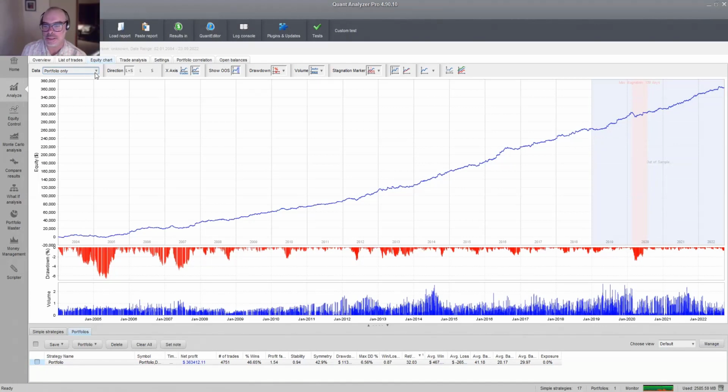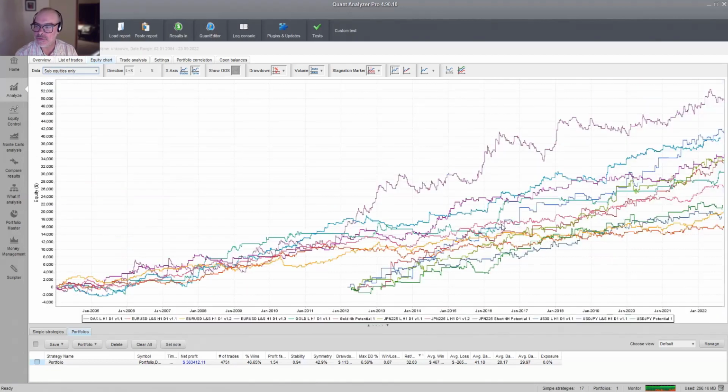Yeah, okay. So we're looking at this line here, which is looking very consistent. And if we go back to the individual ones, they look like a hodgepodge of systems going up and going down. There's quite big periods where you can look at an individual one and it won't be performing well.